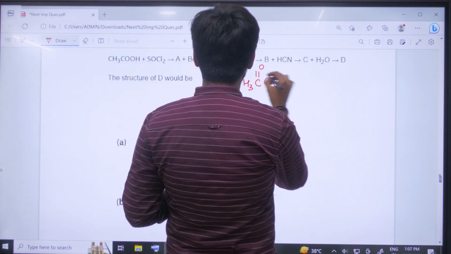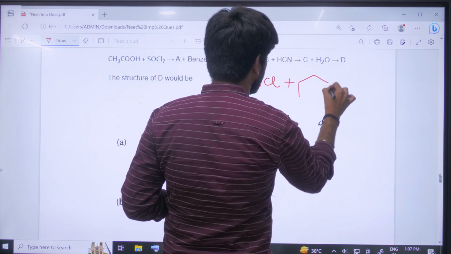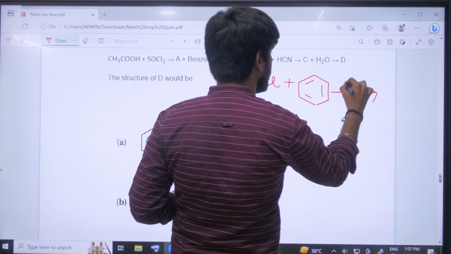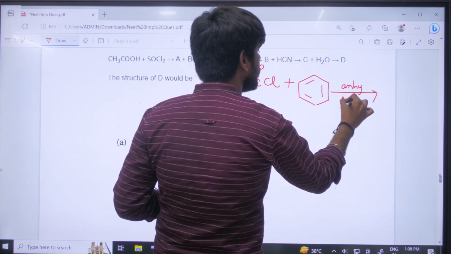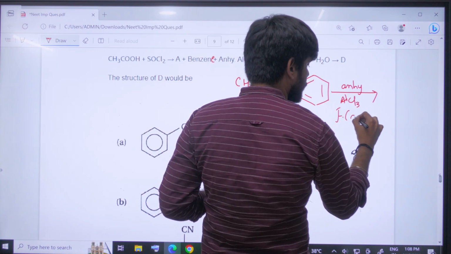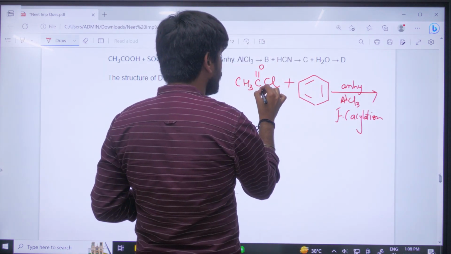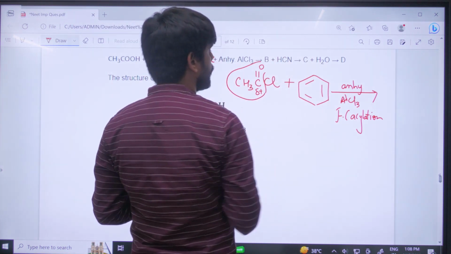Now A upon treatment with benzene in the presence of anhydrous AlCl3. If you see carefully, this reaction is basically Friedel-Crafts acylation, because this acyl group is your electrophile over here.